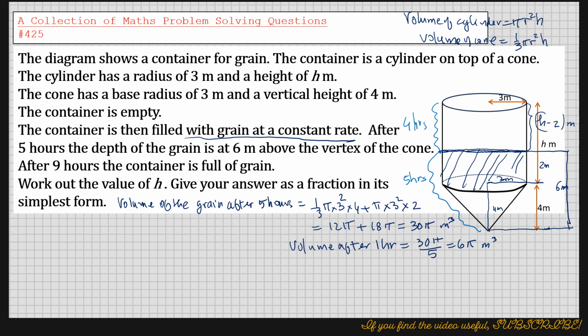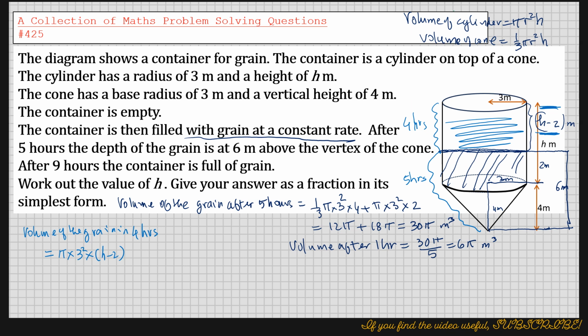The volume of the grain in 4 hours equals pi r square h, the volume of this bit of the cylinder. So that would be pi times 3 square multiplied by the height, and here the height is h minus 2, so times h minus 2.